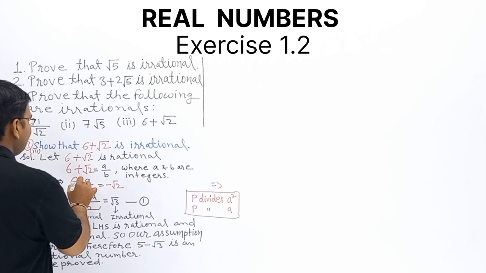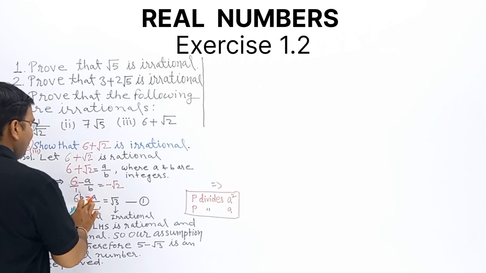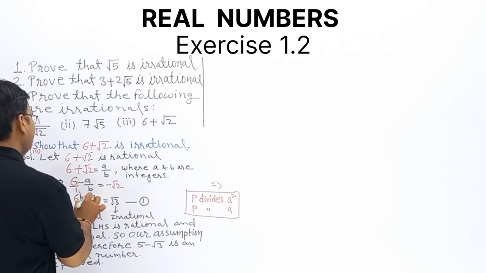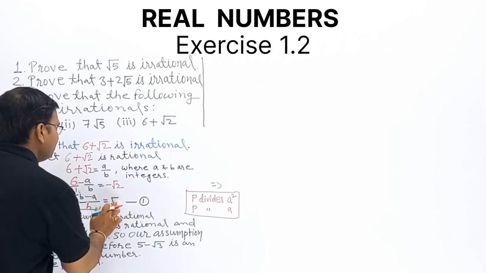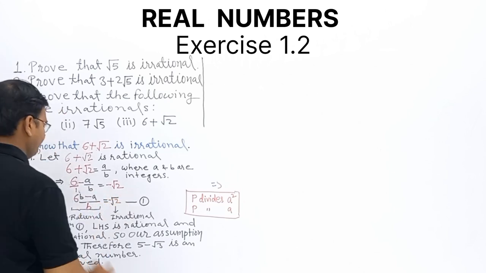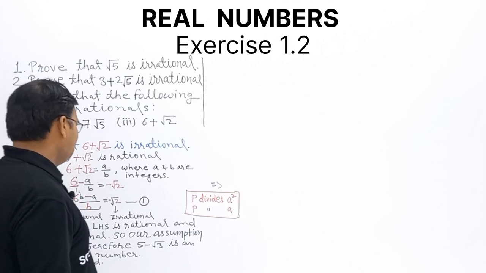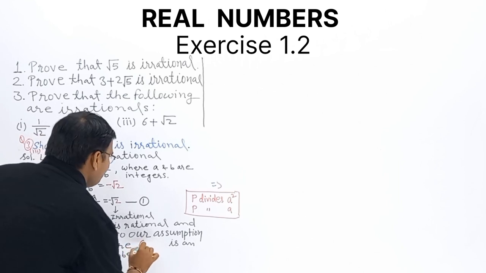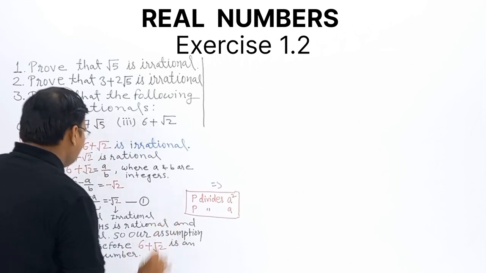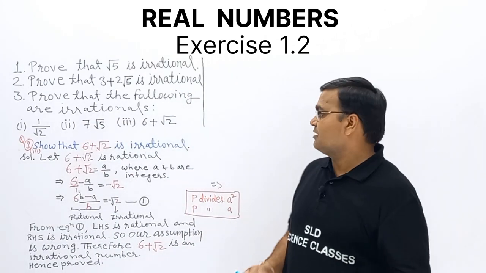So from this equation we conclude that 6 plus root 2 is rational, not irrational.